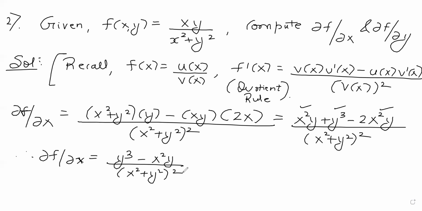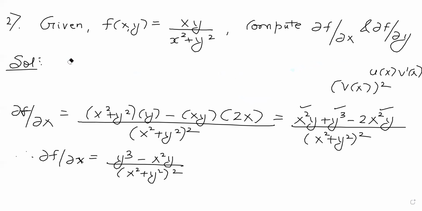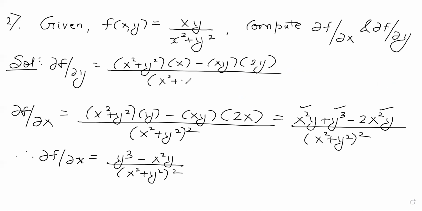Okay, and on similar lines we can quickly find out del f by del y. So for that I am erasing the quotient rule now because all students know this rule by now. So if I now find del f by del y, it's going to be denominator into numerator's derivative minus numerator into denominator's derivative upon denominator square.